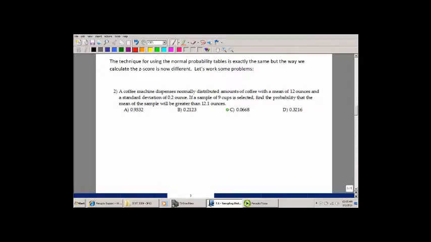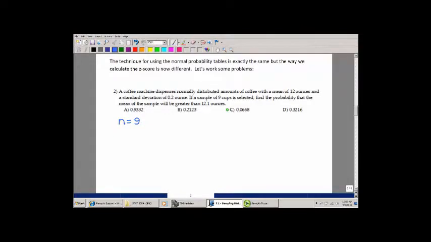All right, let's see. A coffee machine dispenses normally distributed amounts of coffee with mean of 12 ounces and a standard deviation of 0.2. If a sample of 9 cups is selected, find the probability that the mean of the sample will be greater than 12.1 ounces. Now, you might notice here that when you look at the n, you might be thinking, based on what was said earlier in the notes in this section, don't we have to have 30 or more to apply this technique?